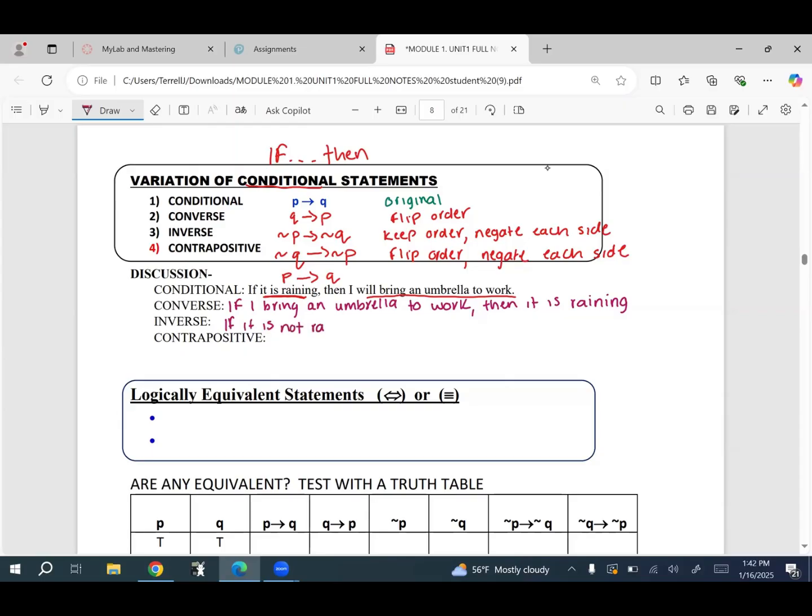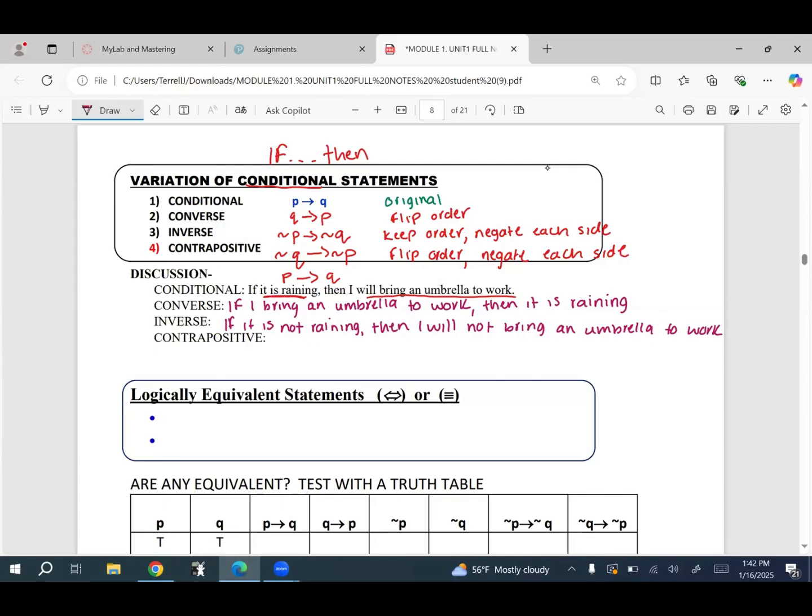You're just negating but keeping the order. Good.